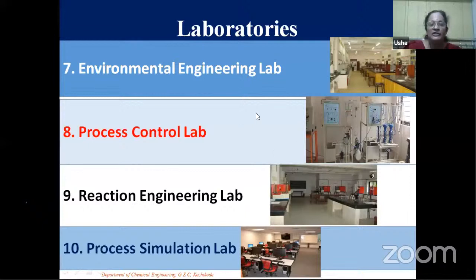You install that software on the computer, then analyze, and different design parameters are found out. Then you design an equipment, and a complete plant can be designed using this software. Different software is available for that.